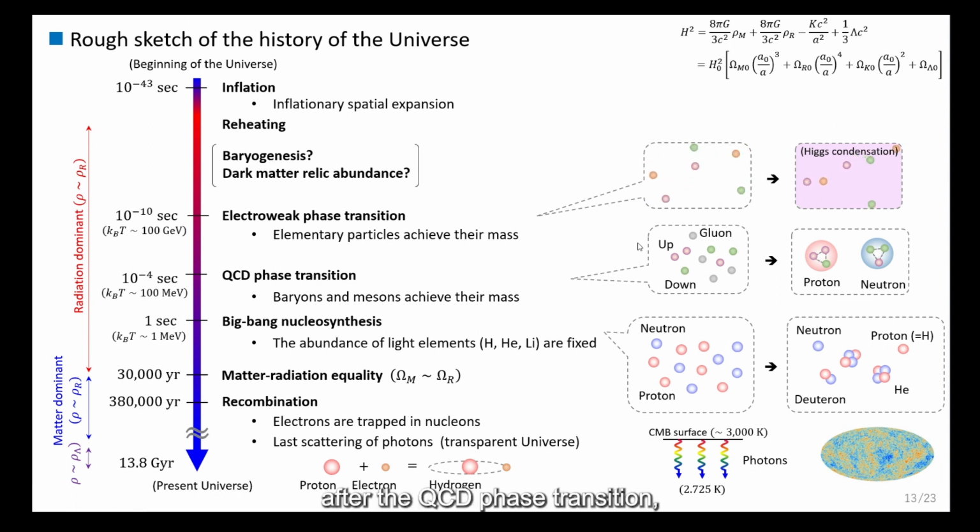But after the QCD phase transition, the up and down quarks and the gluon combine together, and form the proton and neutron. So the up, down and gluon cannot be seen after this time region, but changed to proton and neutron.